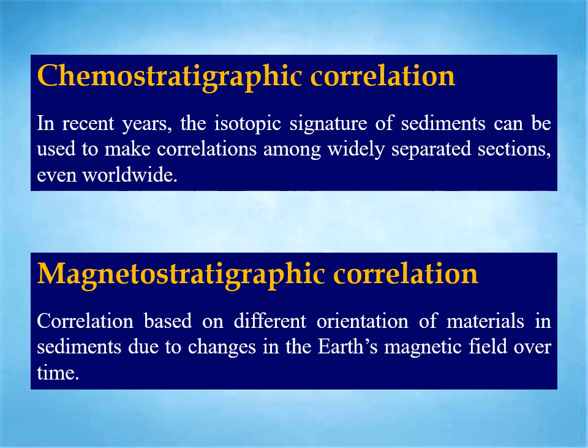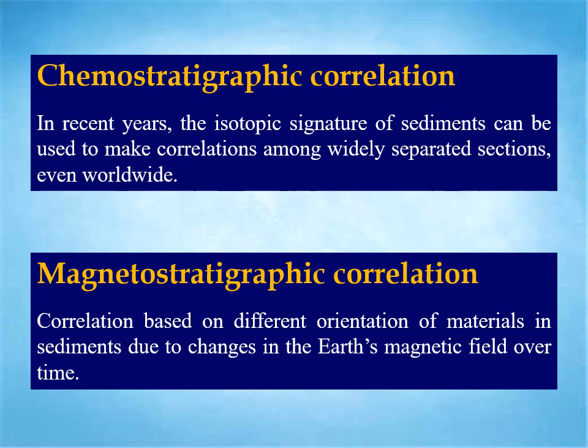Apart from chronocorrelation, in recent years, a different technique is also used for correlation, known as chemostratigraphic correlation or chemocorrelation. In this, we use isotopic signatures, that is the percentages of presence of different isotopes of different chemical elements. That indicates that the same kinds of geological processes were acting.